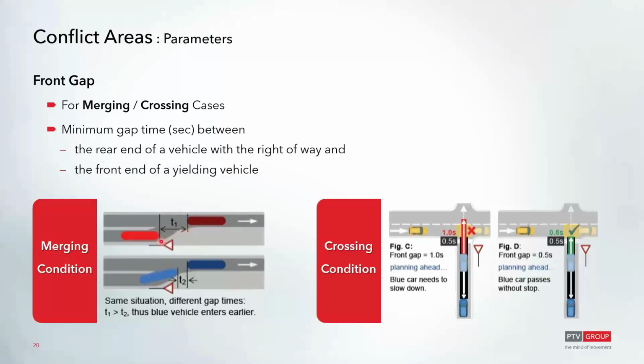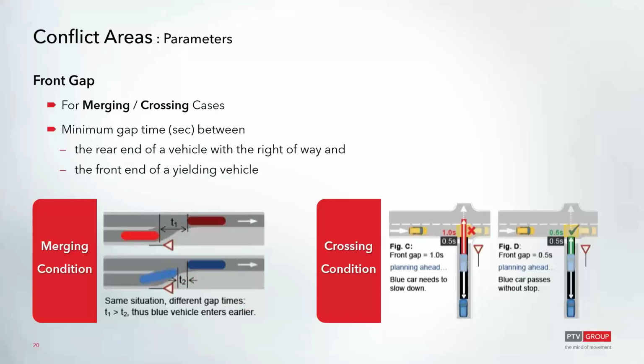And so based on this gap, this will determine when the vehicle is allowed to continue on and proceed through that conflict area. So you can see here in the top case, this red vehicle is actually going to yield and wait until the vehicle has finished passing through the conflict area. Whereas in the bottom case, this blue vehicle has a shorter gap time. So in this case, that vehicle will enter a bit earlier.